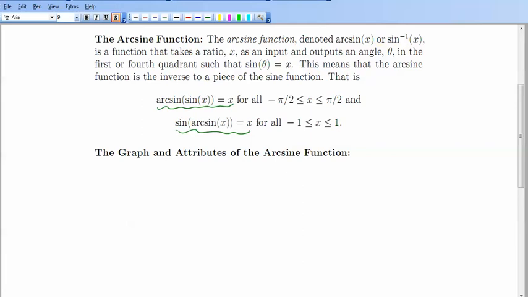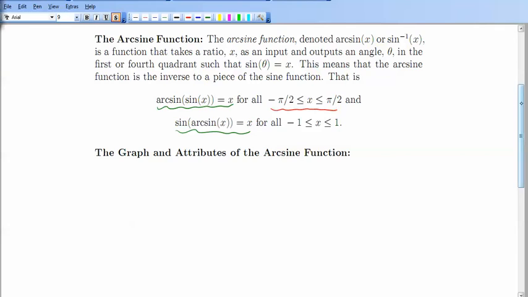Well, we have to restrict it. So what we force is that whatever the output is, it has to be between negative pi by 2 and positive pi by 2. That is, the angle that finally gets outputted from an arcsine function has to have a terminal arm either in the fourth quadrant or in the first quadrant.